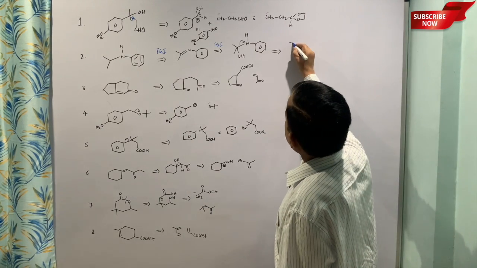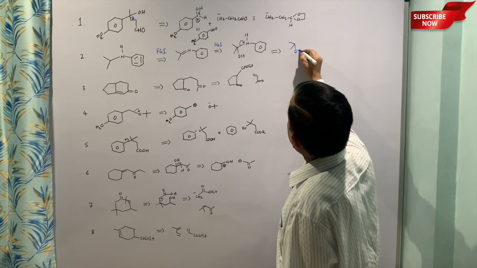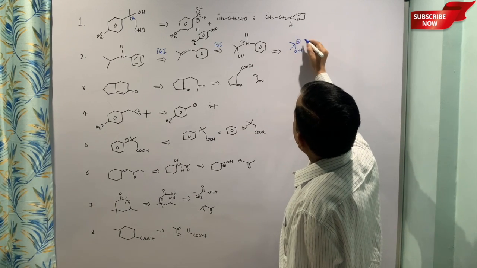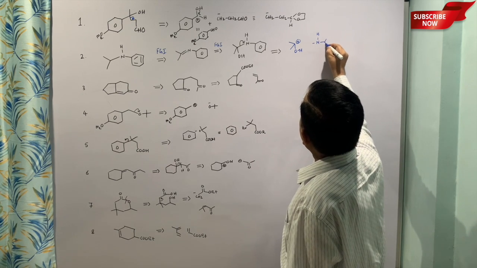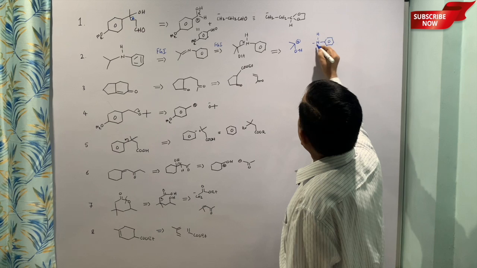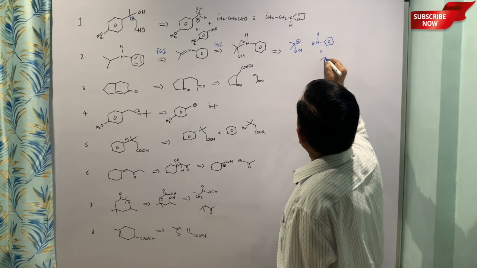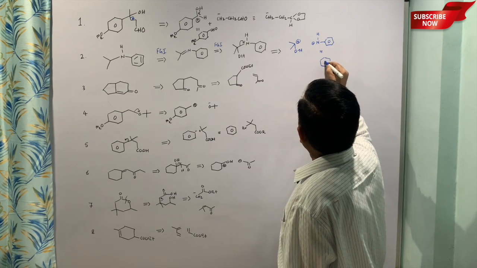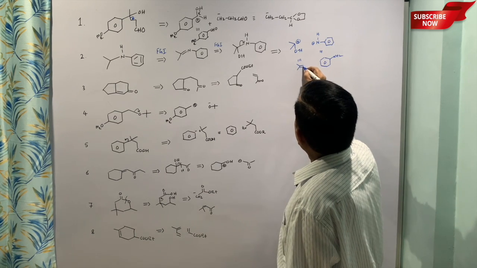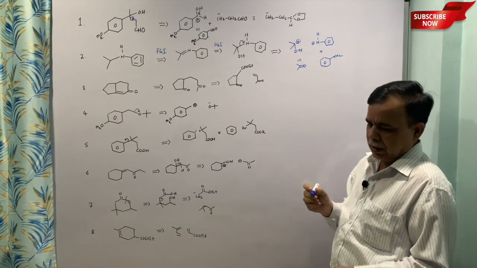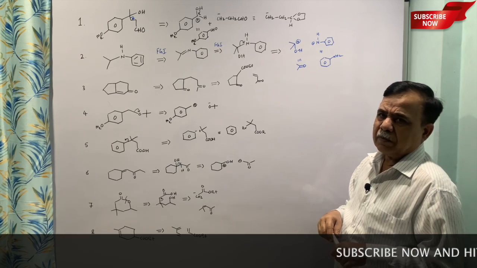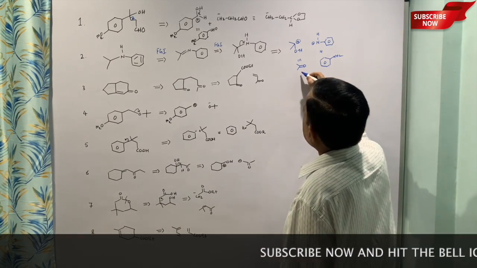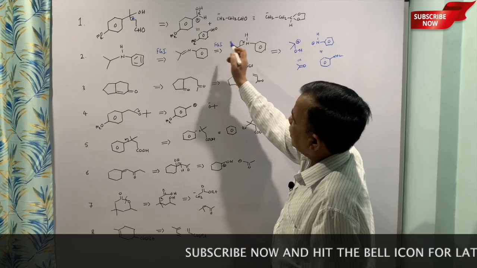So as a consequence of this you will have NH minus, and the aromatic ring is there. Now this is nothing but your aniline, and this is nothing but your acetone. So it is Schiff base formation. The amine attacks here, you get a Schiff base.